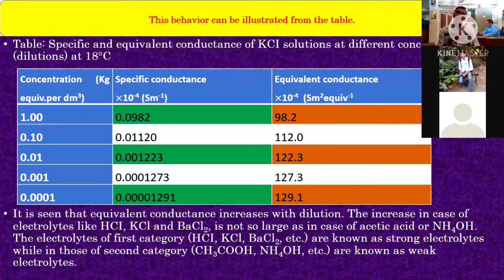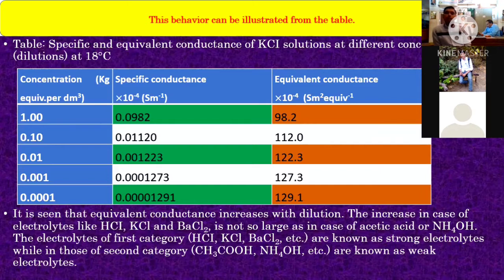Then the rate of formation of ions is less, therefore it is known as a weak electrolyte. There are two examples of weak electrolytes, CH3COOH and NH4OH. When the number of ions decreases, the equivalent conductance also decreases.